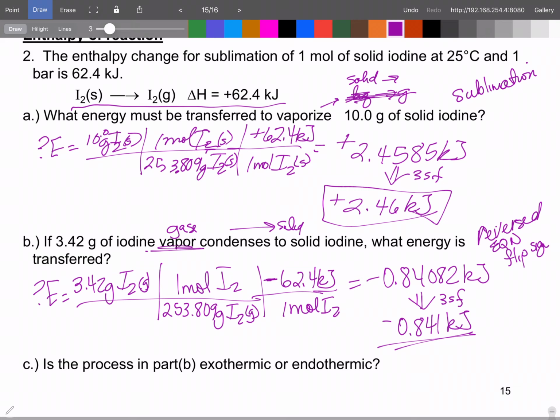Okay, now, the question in C says, is the process in B exothermic or endothermic? Well, let's go back. So the original equation is positive, so that means that's endothermic originally. But we flipped it, so now when you flip it, it's an exothermic reaction because we flipped the sign.